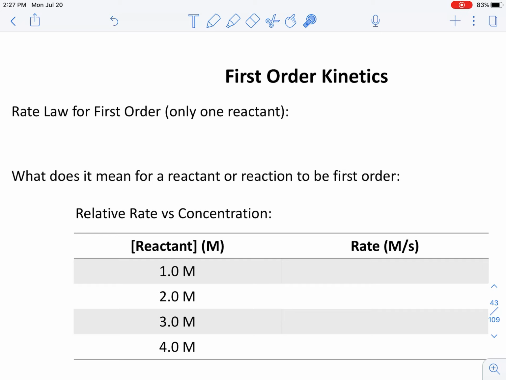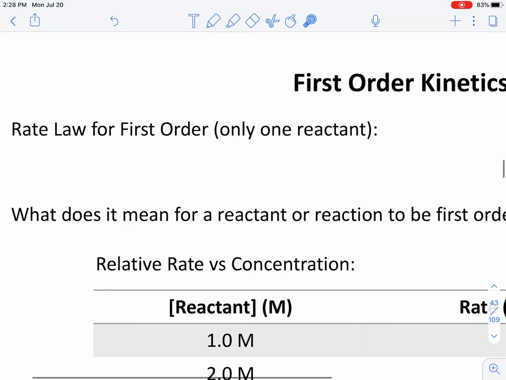The first thing that we're going to do is write the rate law for a chemical reaction that's undergoing first order kinetics. Now, for first order, second order, and zero order kinetics in this course, we are only going to focus on chemical reactions that contain only one reactant. And the reason for this will be better explained when we start talking about integrated rate laws.